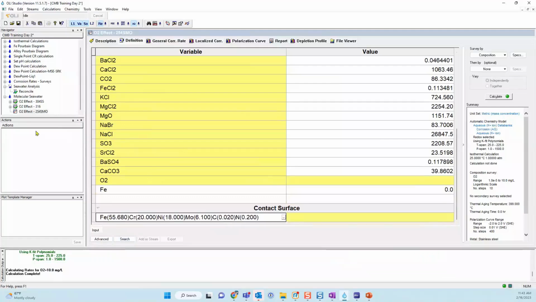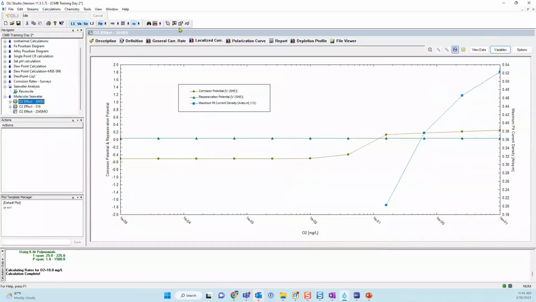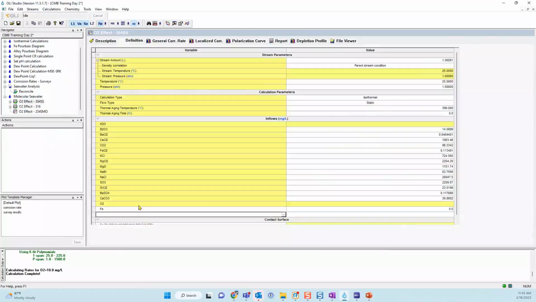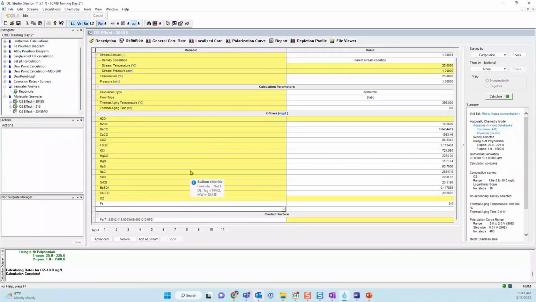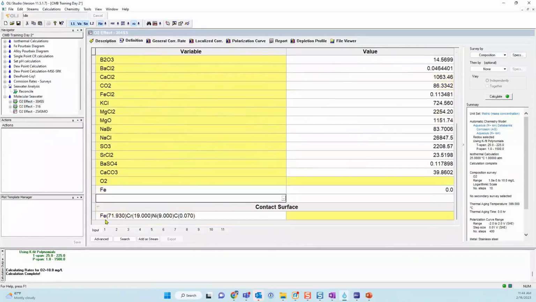So this, let me see one thing. The 304 stainless steel, you can always analyze also the composition, right? So the 304 stainless steel is mostly iron, 71%, chromium 19%, and nickel 9%, right? This is the composition.